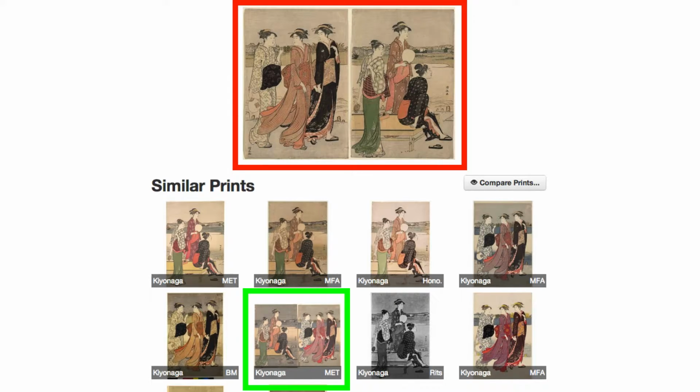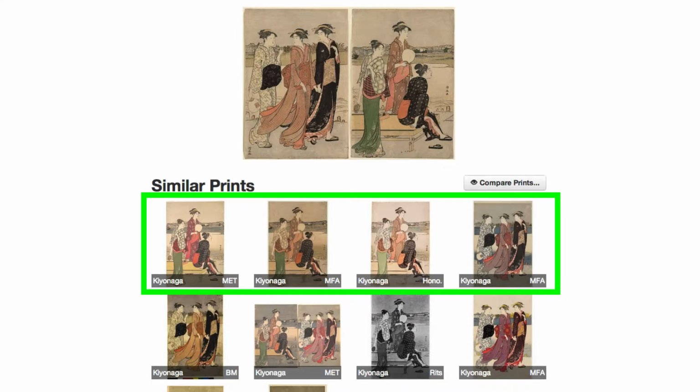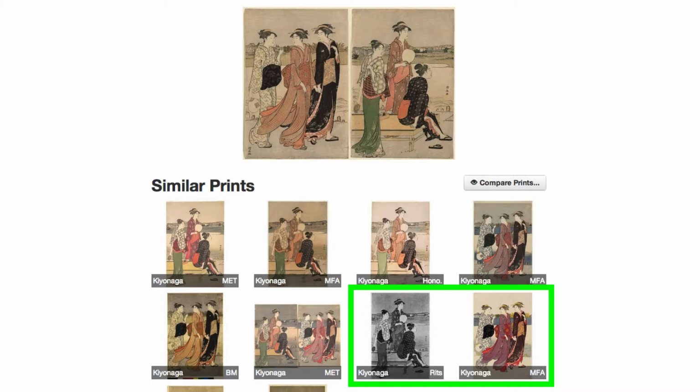The system is actually able to figure out that it's mostly the same, even though portions of it have been rearranged. And additionally, you can see that the system is also able to figure out that there are individual panels within this and find those matches. And it's even able to handle cases where the color is extremely different or even it's in black and white.